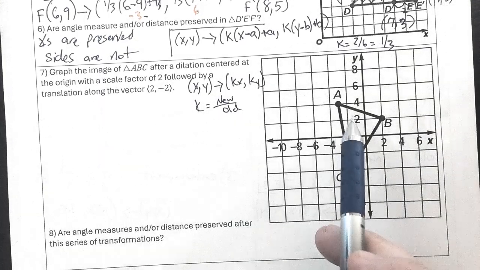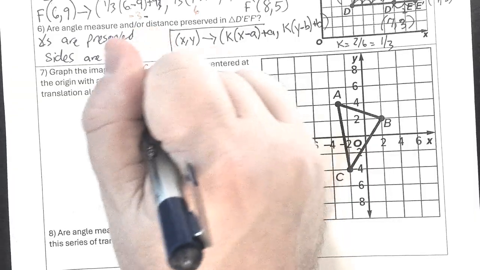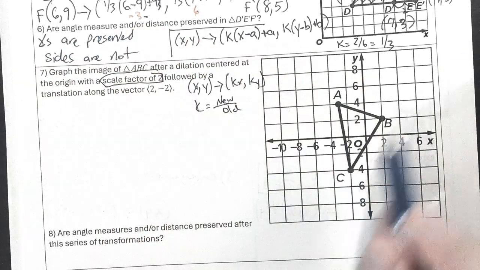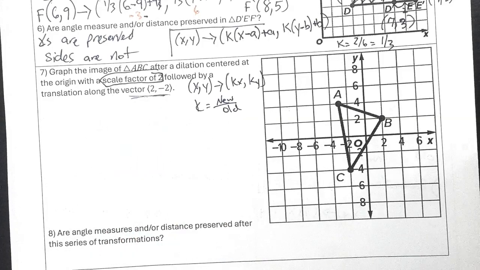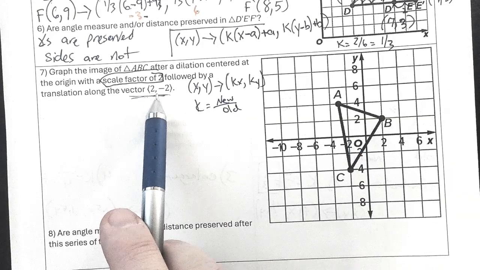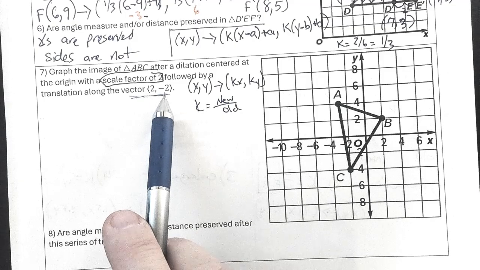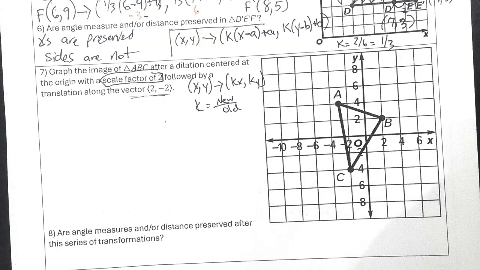But they want to dilate this guy by a scale factor of 2, so that's bigger than 1, so this guy's going to get bigger, and then they want to translate along vector 2, negative 2. Positive 2 means this is left to right, so this is going to the right. This is your up and down. Negative means down, so right 2, down 2. So a two-step movement.